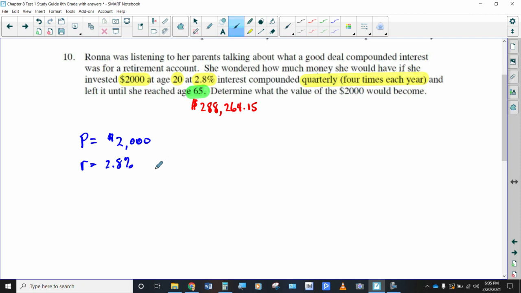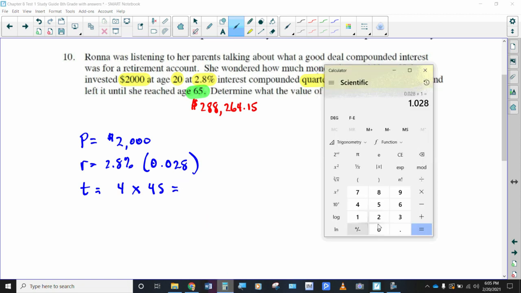2.8% for a savings account, that's pretty good. Now, I don't know, it was a retirement account, but still, I feel like that is a little bit high. But let's go ahead and write that in decimal form. And now the time is quarterly, so it's 4 times per year times 20 to 65, which is 45 years.